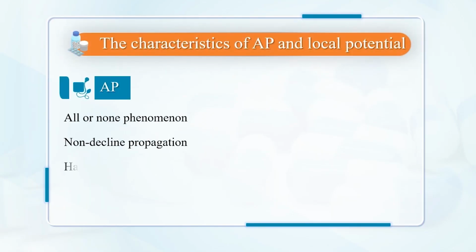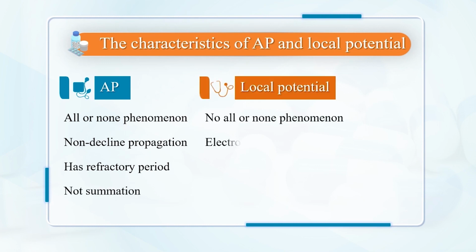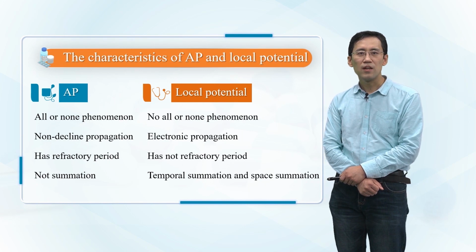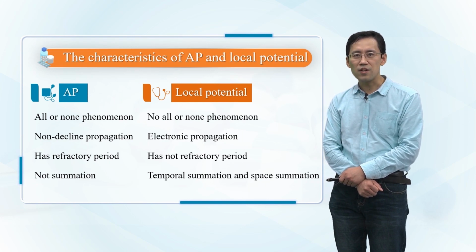Let's summarize. Let's compare the action potential and local potential. Action potential is an all-or-none phenomenon, but local potential is not. Action potential is non-decline propagation.